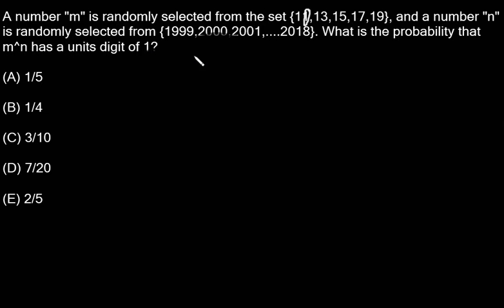When we're trying to find the units digit of a very large power, just remember that all that really matters is the base's units digit. Let me tell you why. If I wanted to find 11 squared, I would know automatically that the units digit would be 1, because 1 squared is 1.